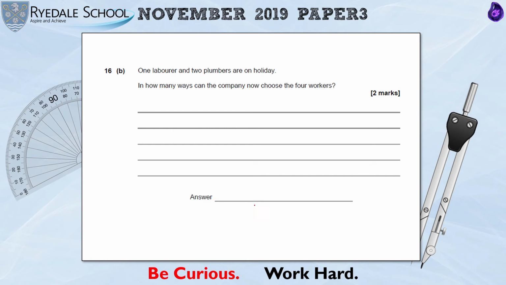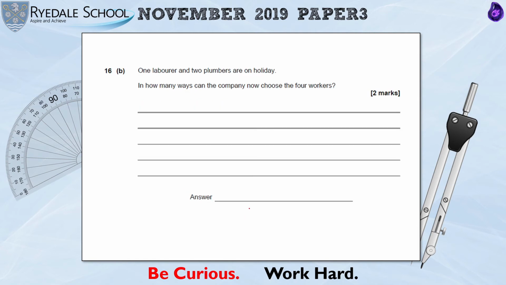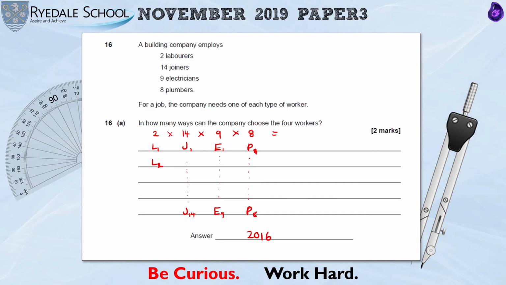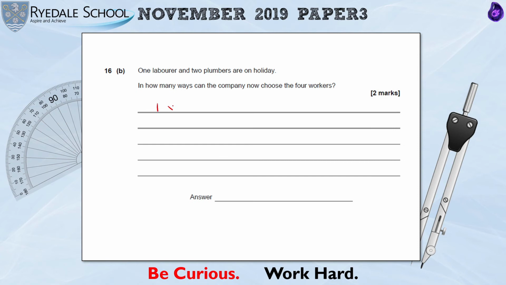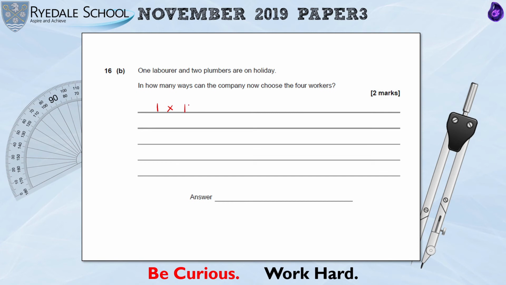Okay, so what that is doing is reducing some of the numbers. So instead of it being 2 times 14 times 9 times 8, we are 1 labourer less. We are 2 plumbers less. So that is 1 choice of the labourer. Still 14 choices for the joiner.